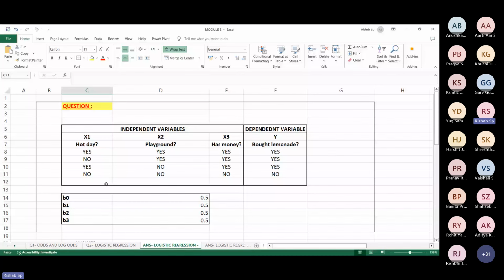If you guys have any doubts, you just ask. So first thing is that these are in yes or no form. How can we use this yes or no form to find the probability? We can't, right? We need some numerical form.